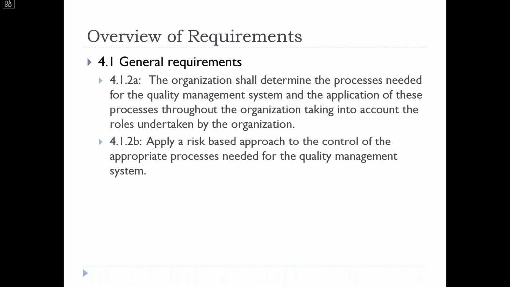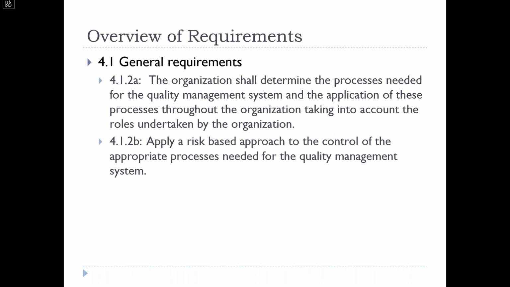4.1 general requirements. I want to review a couple of these here. So not new if you're familiar with 9001, but in 4.1.2a, the organization shall determine the processes needed for the QMS and the application of these processes throughout the organization, taking into account the role undertaken by the organization.